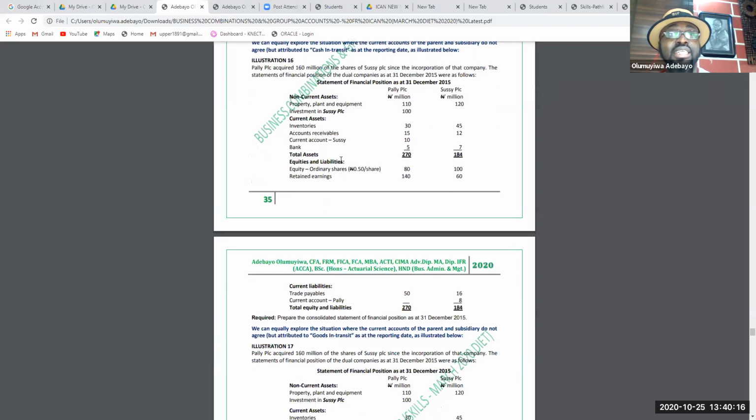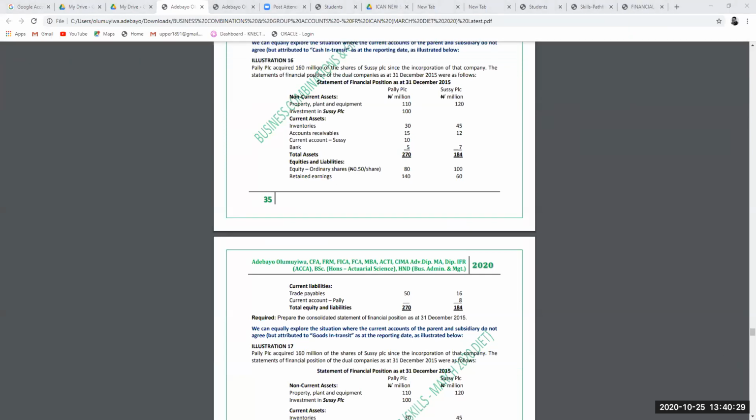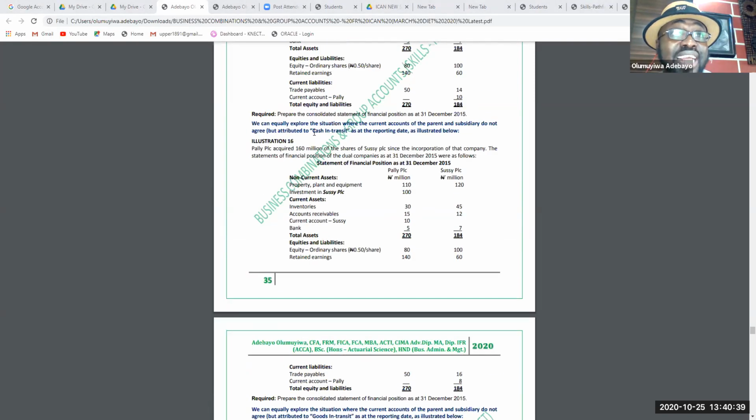Which means the difference between 10 and 8, what is the difference? 2. What is the cause of that difference? Cash in transit. Goods in transit. Not goods. Now they've given us information that it is cash in transit. I'm just trying to explain.